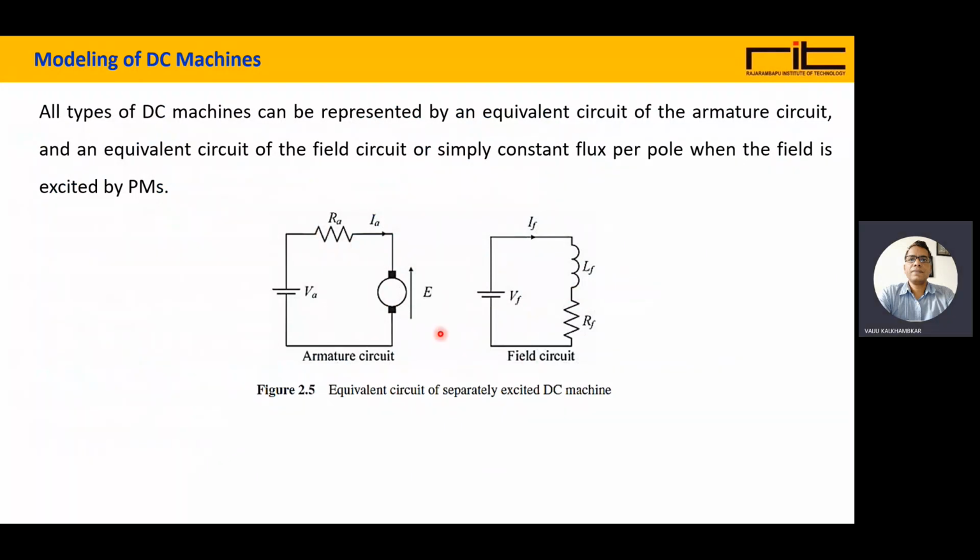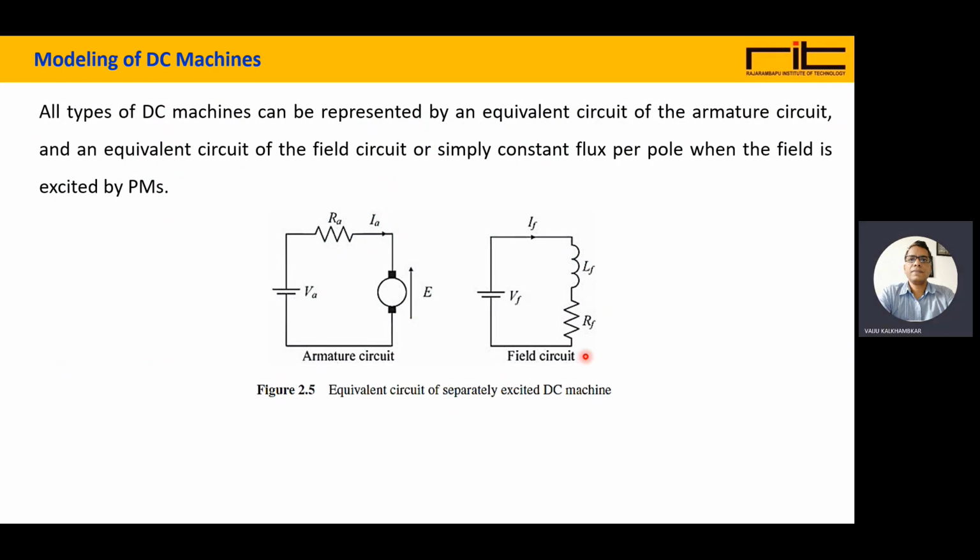Here is the field circuit, and here is the armature circuit, indicating armature resistance, armature inductance, and the supply. Here are the field supply, the field inductance and resistance, for the separately excited equivalent.